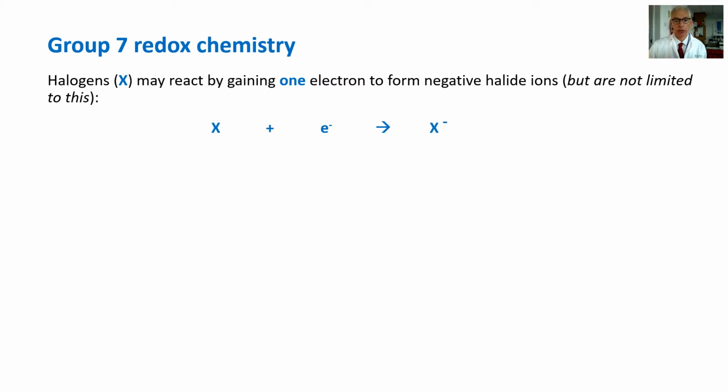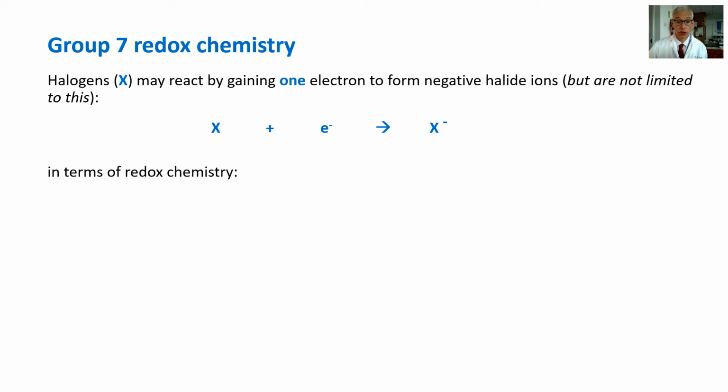So we can express that change as an equation that any halogen X, so that could be chlorine, bromine, iodine, etc., gains one electron to form the halide ion X-, Cl-. Now in terms of redox chemistry, what statements can you make about that change? Pause the lesson and write down your thoughts on what can be said in terms of redox ideas. Restart when you are ready.